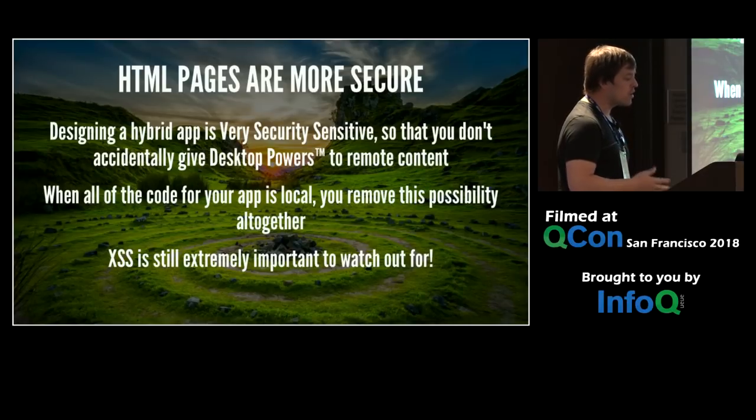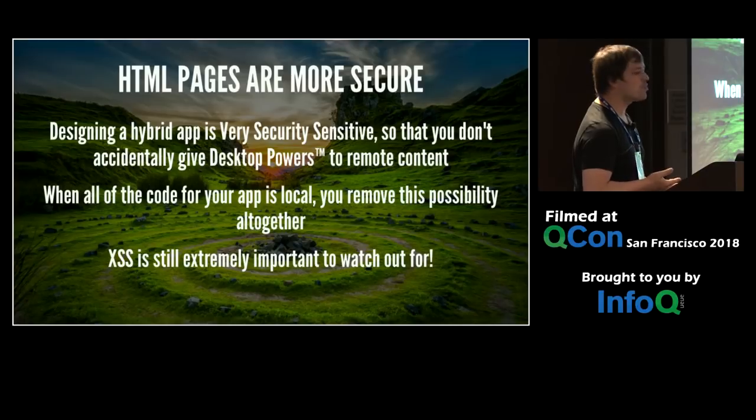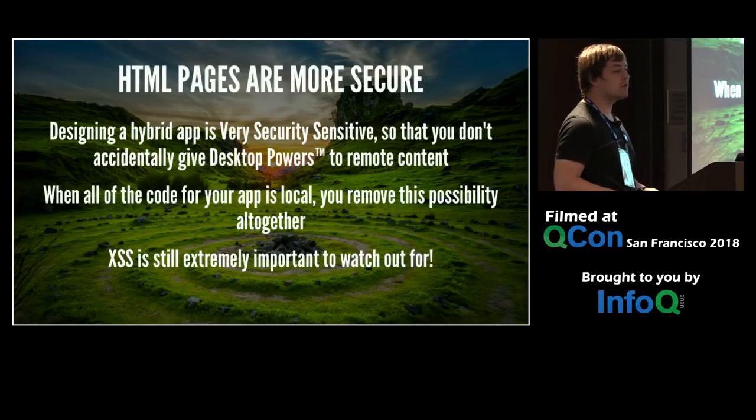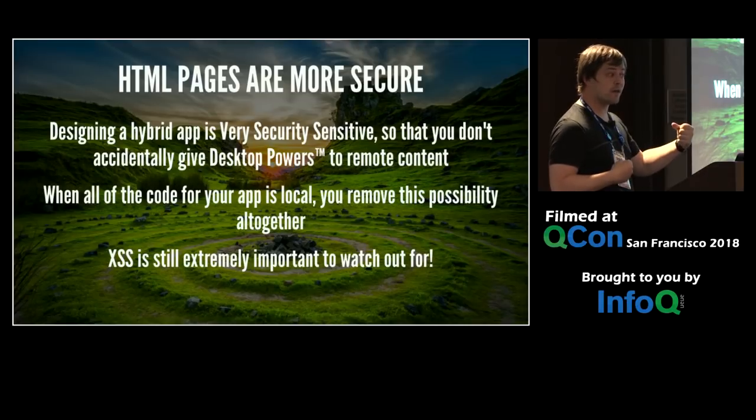So one of the things that's really important is your policy of only running local code. Cross-site scripting is so important. If somebody can send you a messenger message or whatever that gets parsed as HTML and then executed, you're loading remote content and running it, right?